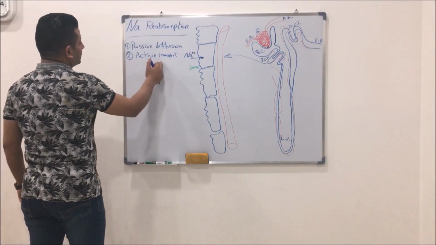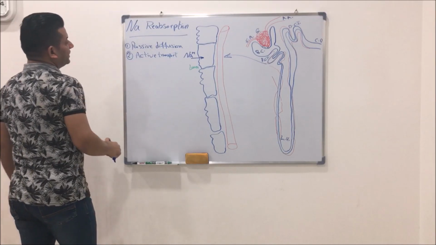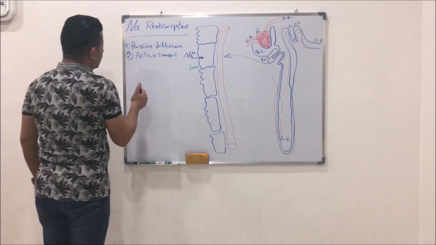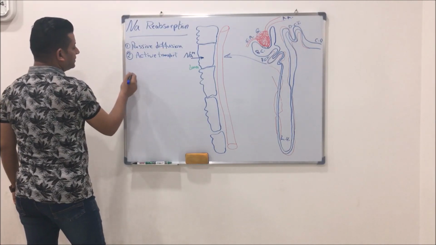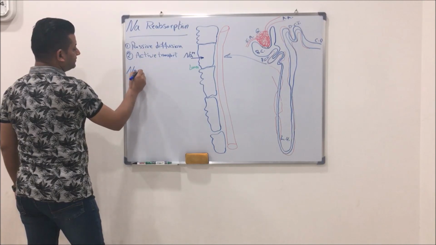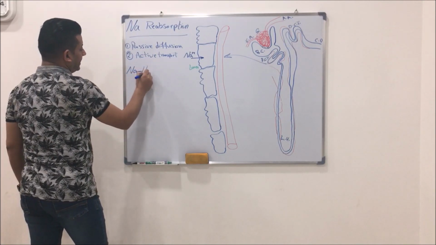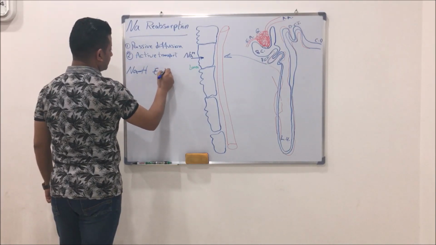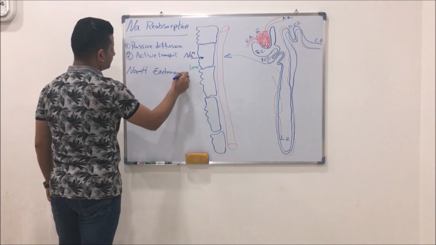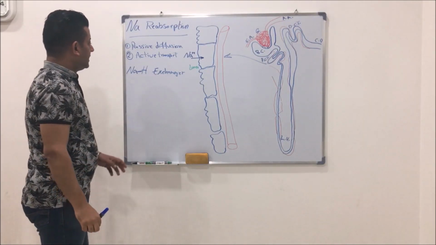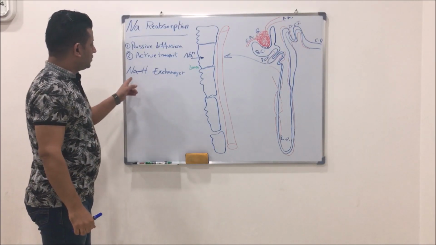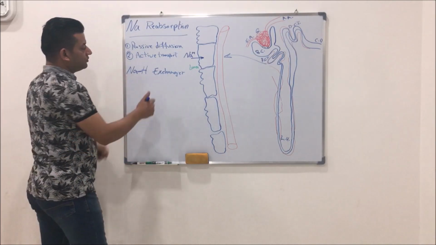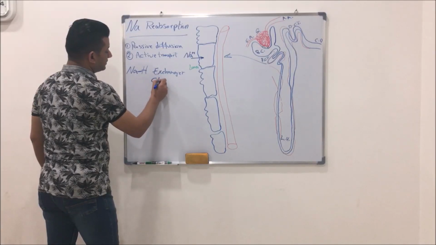By active transport, sodium is reabsorbed in the proximal convoluted tubule, and specifically by what is called the sodium hydrogen exchanger, or sodium hydrogen co-transporter.